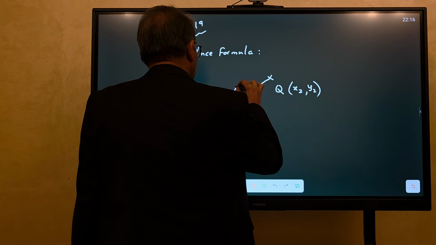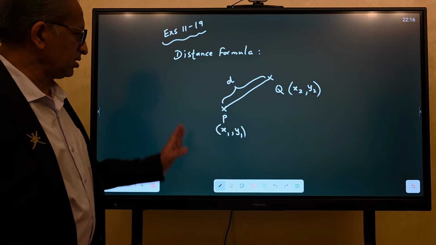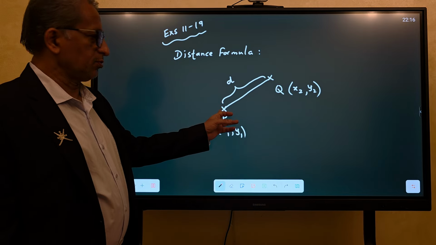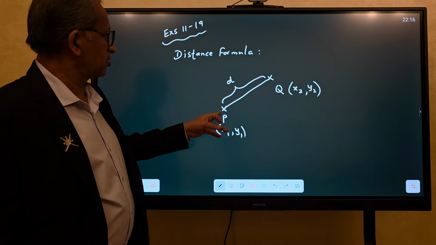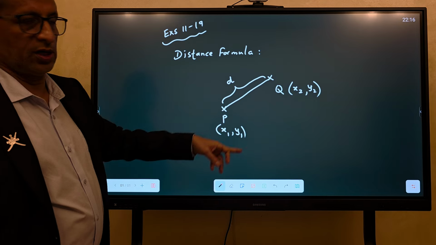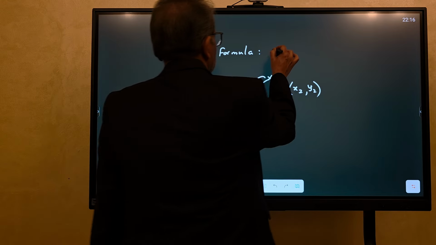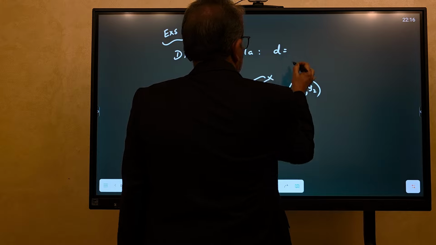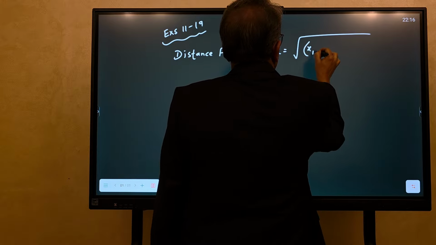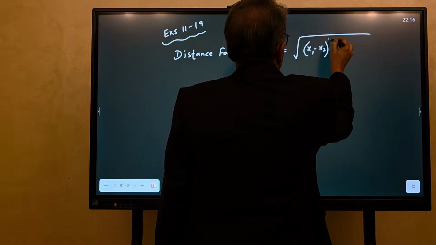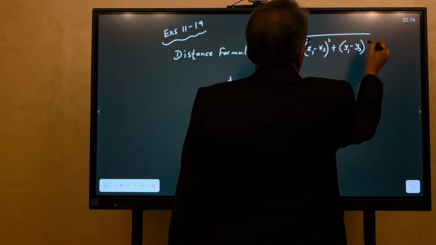What we are doing here is finding the distance, that is D. What is the distance between the points P and Q? If you want to find the distance or the length between the 2 points, you are going to use this particular formula: D is equal to the square root of (x1 minus x2) square plus (y1 minus y2) square.